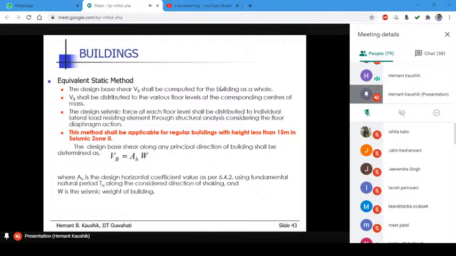Now this is very important: this method is applicable only for regular buildings with height less than 15 meters in seismic zone 2. That's all. So congratulations to all who are in Jabalpur, and if your building is less than, let's say, 5-story high, then you can use the simplified method. Otherwise, no. So only in seismic zone 2 you can use it.